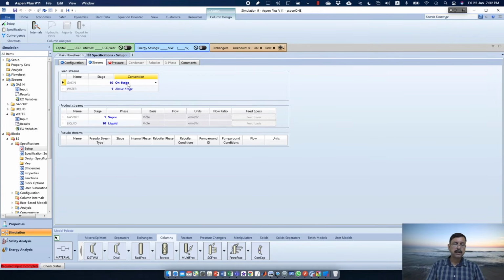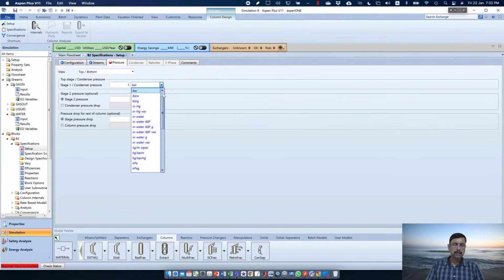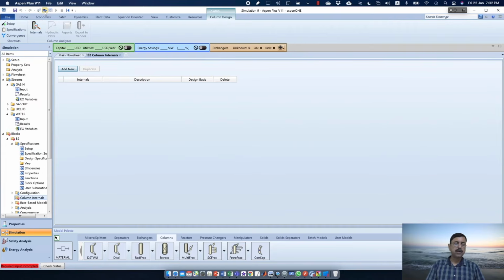Go to pressure. So here it is not condenser but stage 1 pressure, which is again 1 atmosphere. Now go to next. It is asking for column internals because the rate based calculation always asks for the column internals. You have to give the length and breadth of all of them.